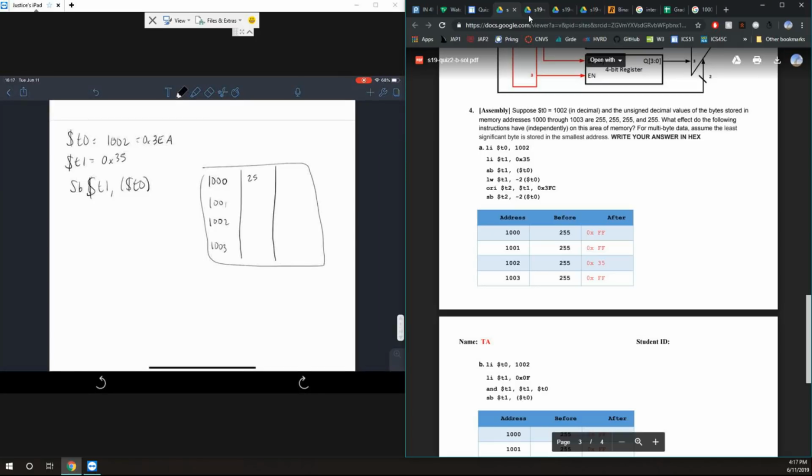It says store T1 in T0, which is 1002, so we look at 1002 and store it there. We make this 035, because it's store byte. Does that make sense?